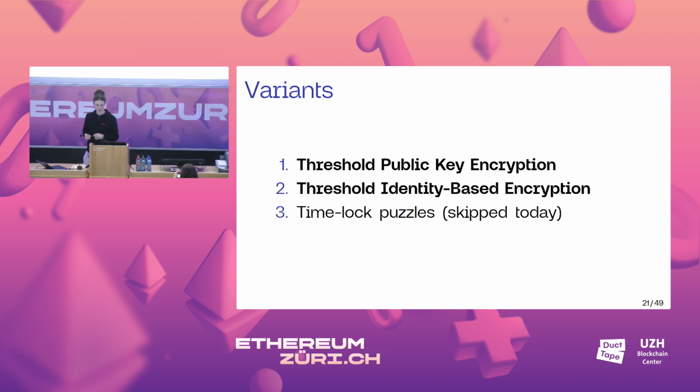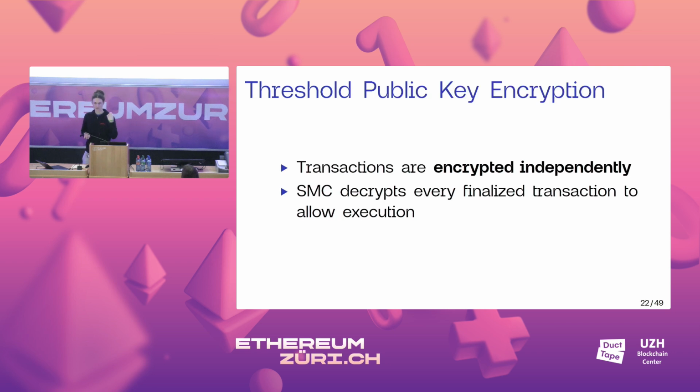So we also implemented 3 variants of the scheme. I will skip the last one, but I will describe threshold public key encryption, which is a system where transactions are each encrypted independently, and the SMC is able to decrypt any transaction individually. So the SMC is expected to decrypt every finalized transaction one by one.